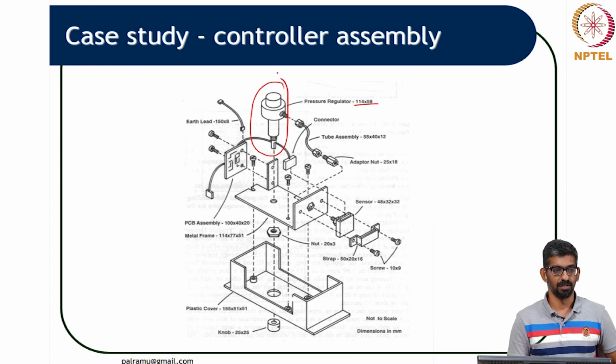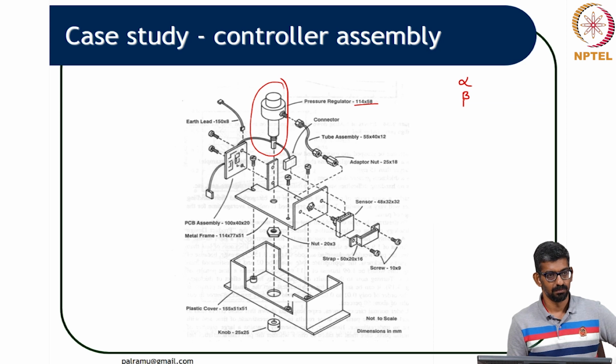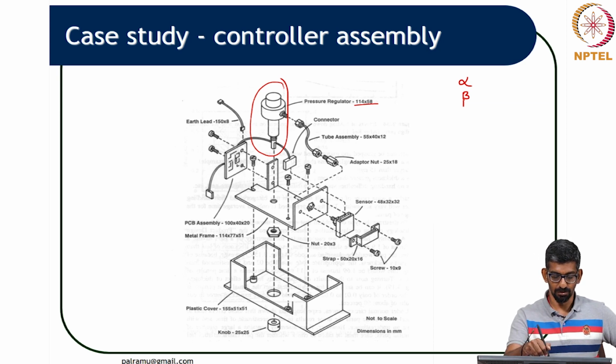This is your pressure regulator. What is your symmetry? What is your alpha? What is your beta? So, this is your insertion angle, right? This is your insertion angle. So, your alpha is something that is perpendicular to it. So, in order for, so it is 360, okay.